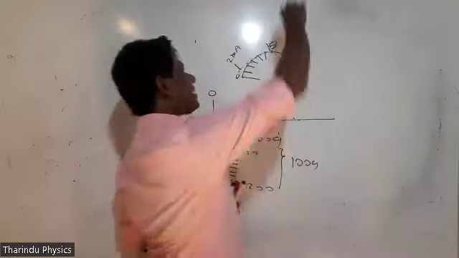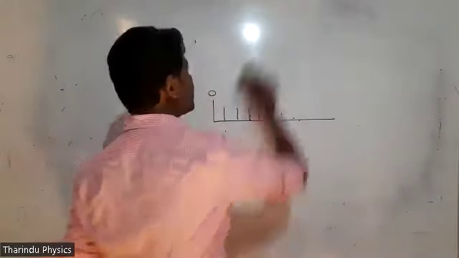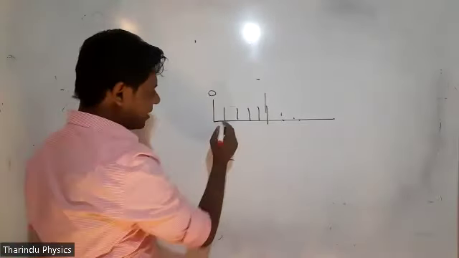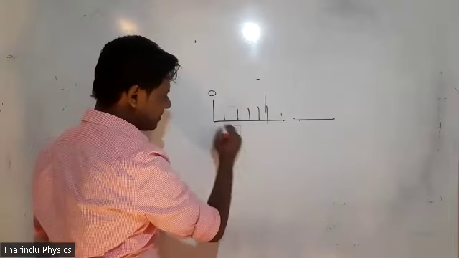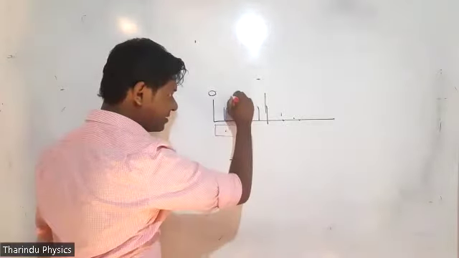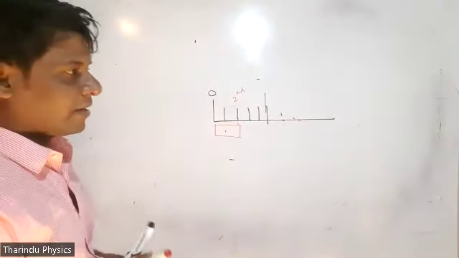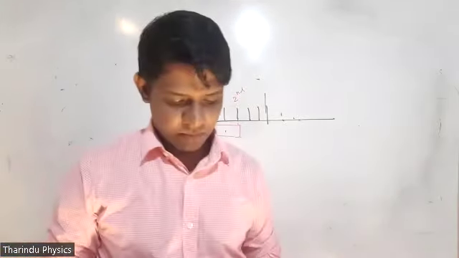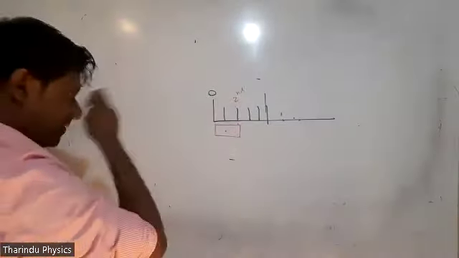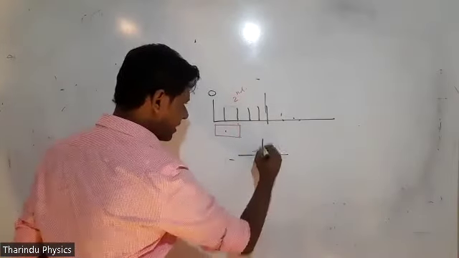Now I mentioned uncertainty. Uncertainty stands for something like this. If you measure something here, you assume it to be exactly in line with the second line. But the problem is that sometimes it might not be exactly on the second line.